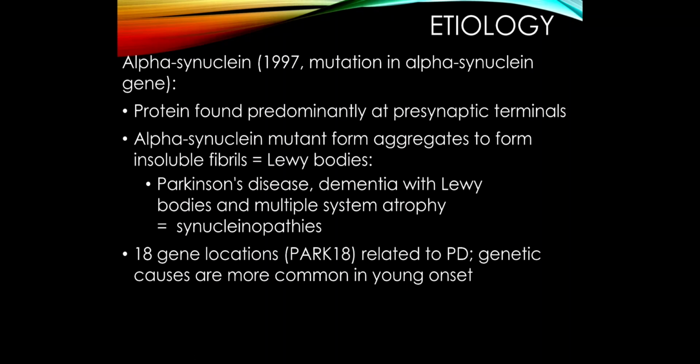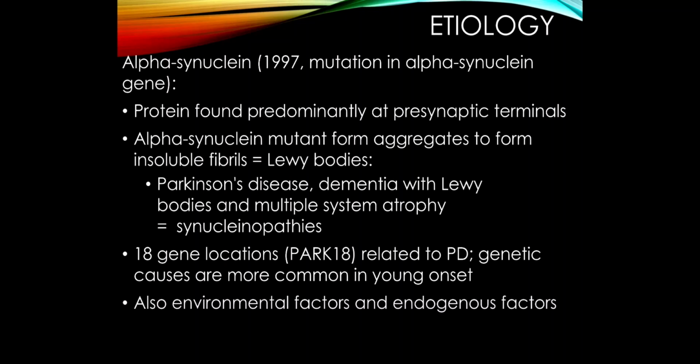So there have been many of these so-called PARK gene locations, and so if someone does have a hereditary cause of Parkinson's, it tends to be in your younger patients. So someone maybe under the age of 50 that develops Parkinson's disease would more likely have a genetic contribution.